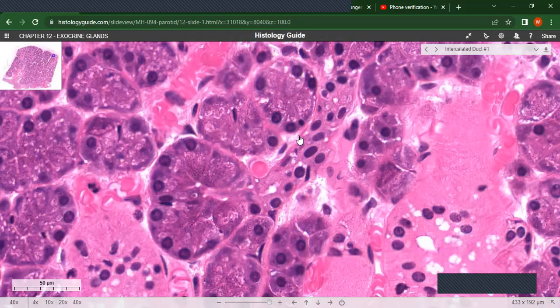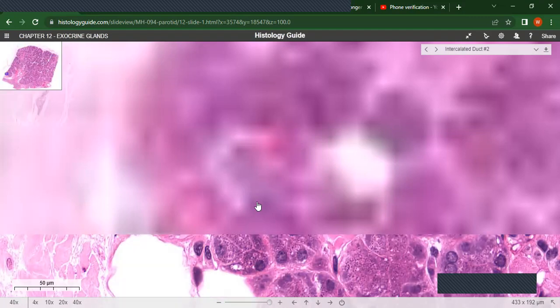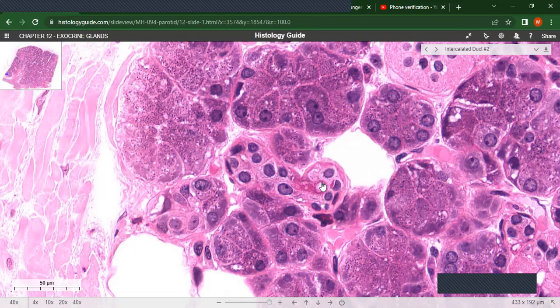An intercalated duct is this one here. They are found within the lobule. You should see another one. This also is an intercalated duct.